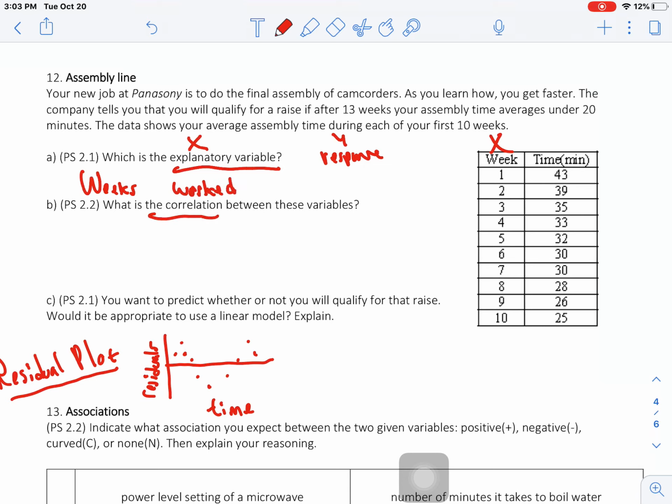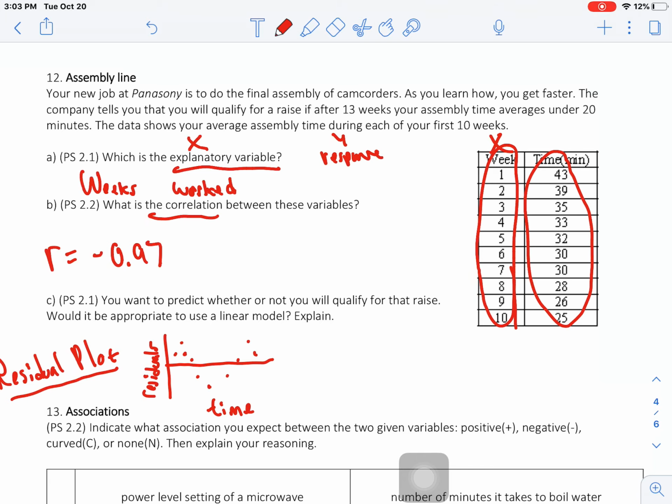Now, part B says, what is the correlation between these variables? So that's your correlation coefficient. What is this R value? Well, that's where we'd have to take all these values, put them in for list 1, put them in for list 2 in your calculator, run linear regression, a plus bx. You get an equation, and you get an R value. In this case, you have negative 0.7.